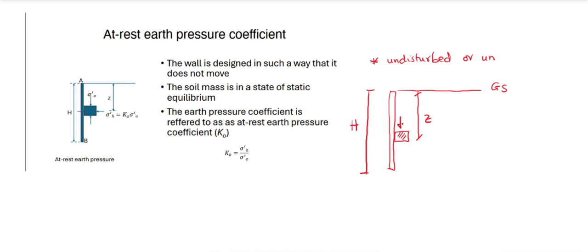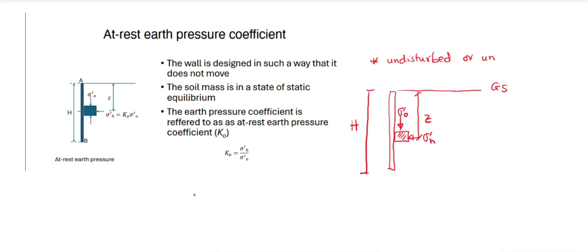Now there's going to be the vertical stress obviously acting on it, then the horizontal stress also acting on it. Now, because there is no movement, we say that the soil mass is in a state of equilibrium. Then we are also saying that the earth pressure coefficient is referred to as at rest.